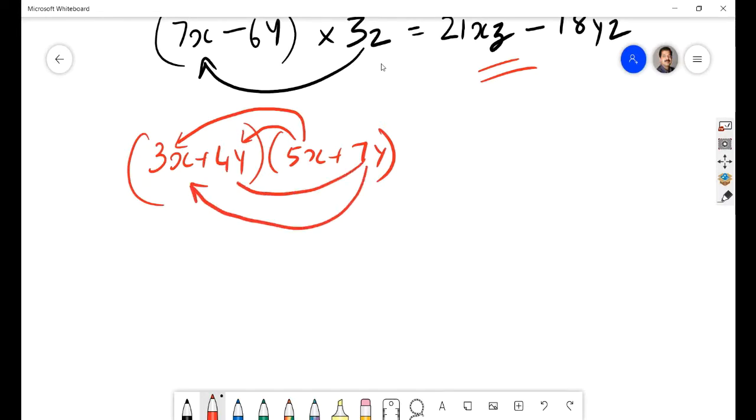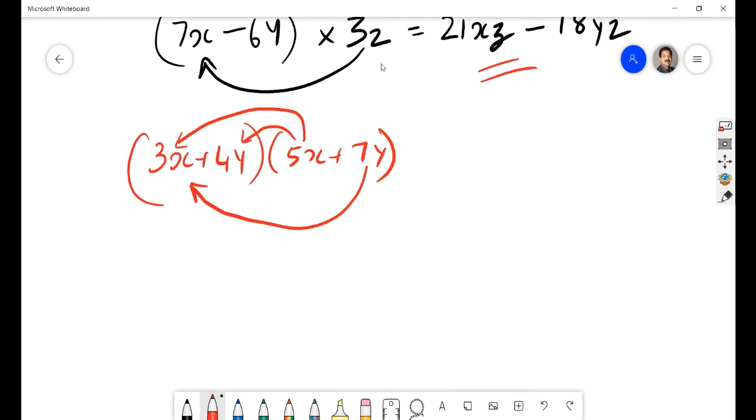This is the procedure. And this can be done in two ways. One is our horizontal method, where we will be opening the bracket and solving it. The other one is a vertical arrangement. In the case of horizontal, we have to decide accordingly. 3x with 3x or with 5x, we can multiply both. That way we can arrange it.